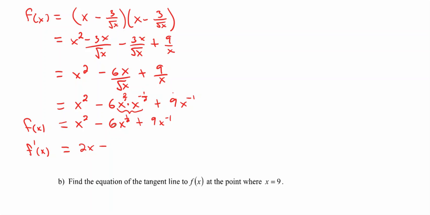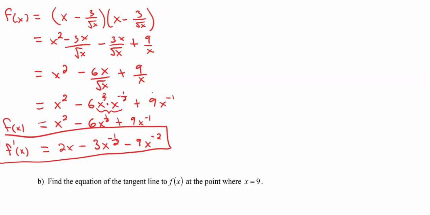You bring the 1/2 down times 6, that would become 3x to the power of, and then a half minus 1 would be negative a half, minus 9x to the power of negative 2. Just applying it to the last one there. Okay, the negative 1 times 9 made it negative 9. All right, there's our derivative.